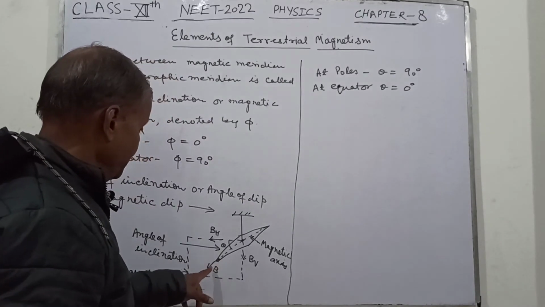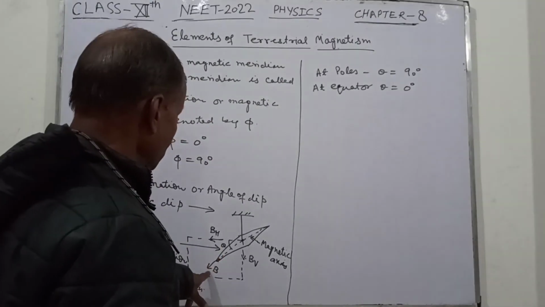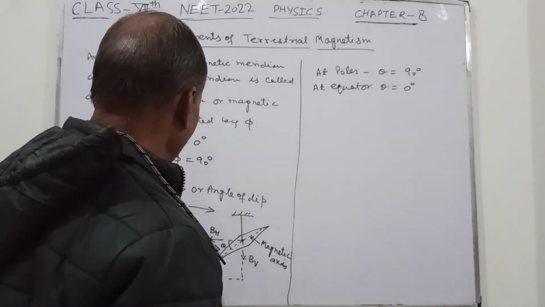This B is the total magnetic field, and now we can have a relation.